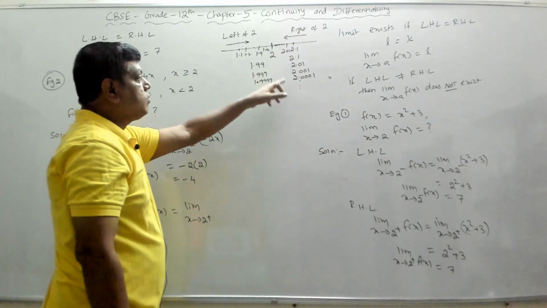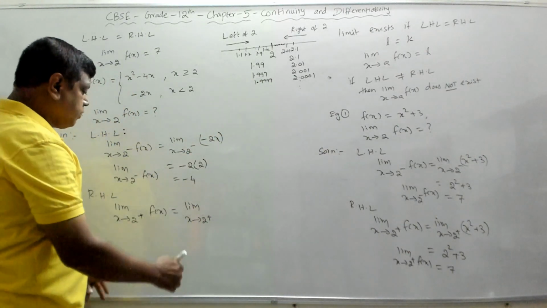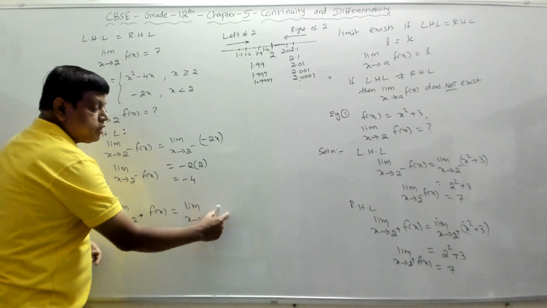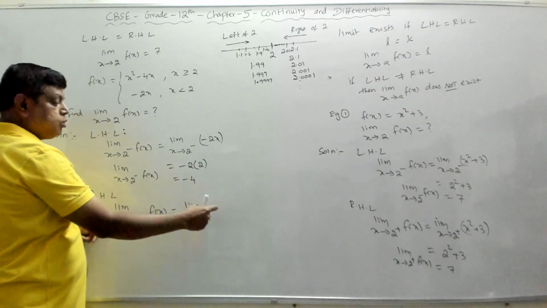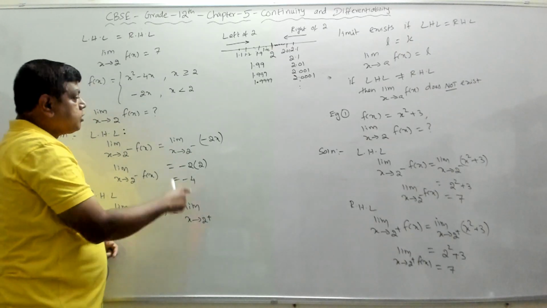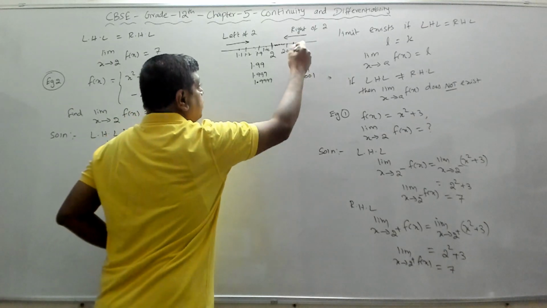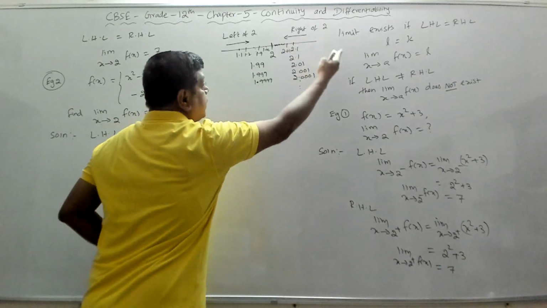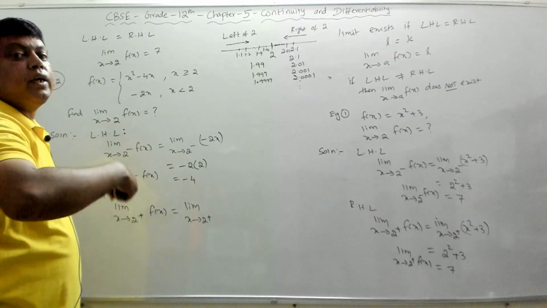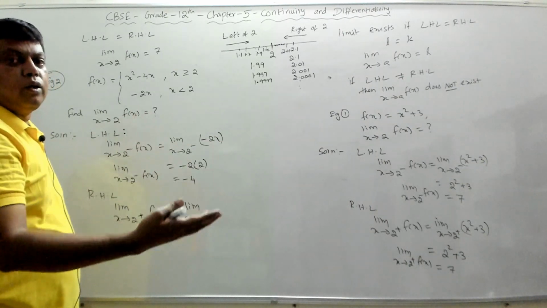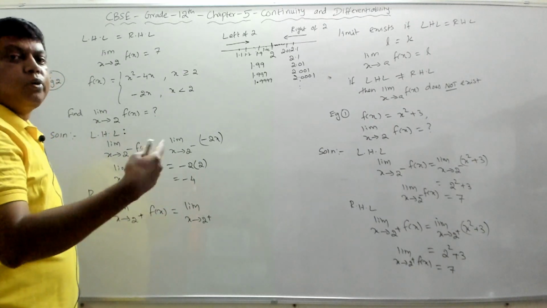Suppose you take 2.001, that is your x. We have to decide which f of x to use here. We have two definitions, and depending on the value of x, the f of x will change. You can take any one value which is very close to 2 but on the right side of 2, which means greater than 2.